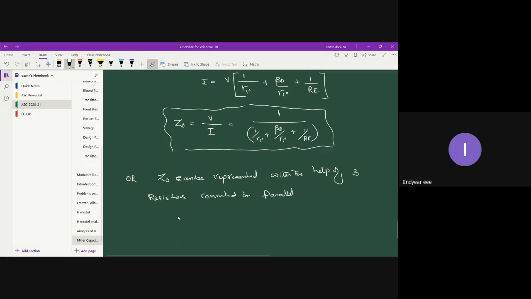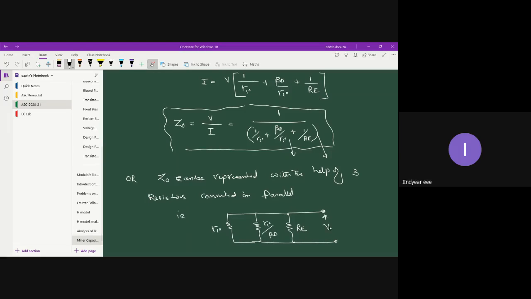That is something like this: RI, and again the reciprocal of this, that is RI by beta D, and the reciprocal of this, that is RE.